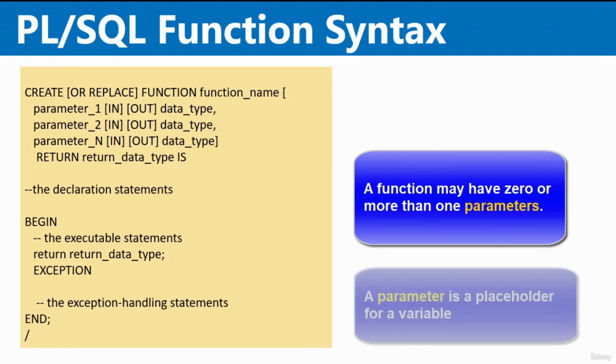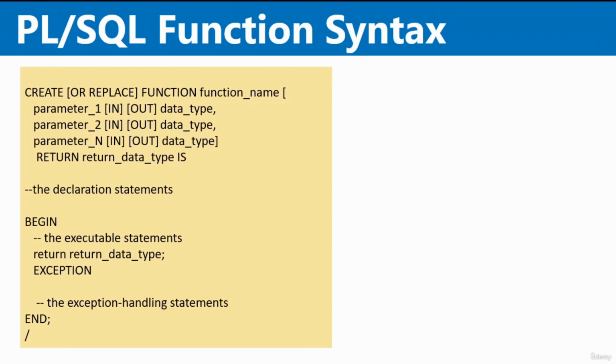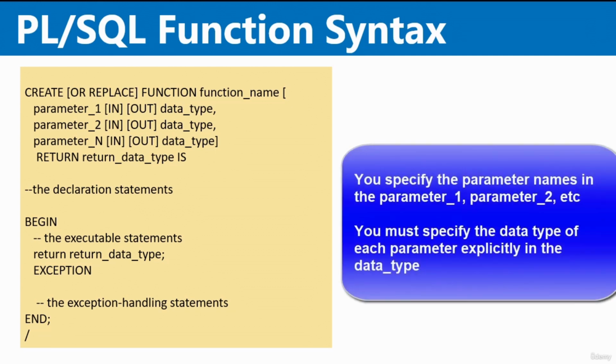A parameter basically is a placeholder for a variable. You can usually specify your parameters enclosed in parentheses, for example, parameter_1, parameter_2, and so on. When you specify a parameter, you also have to specify the data type for each parameter.